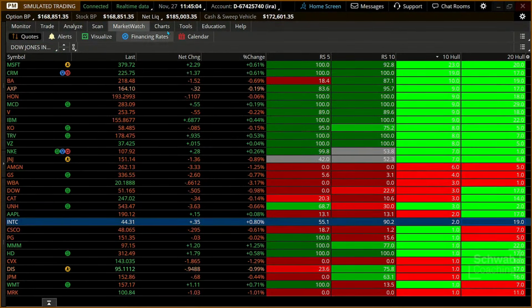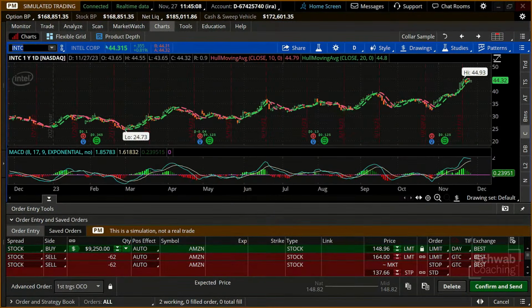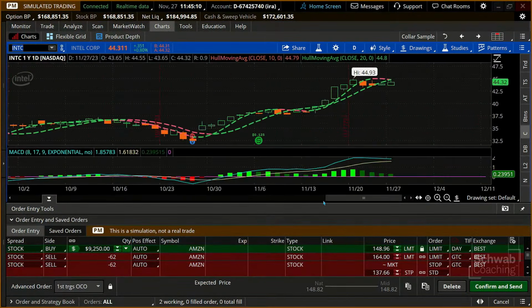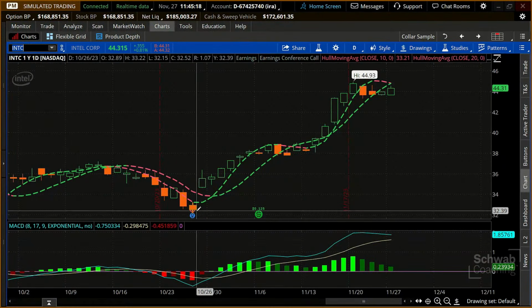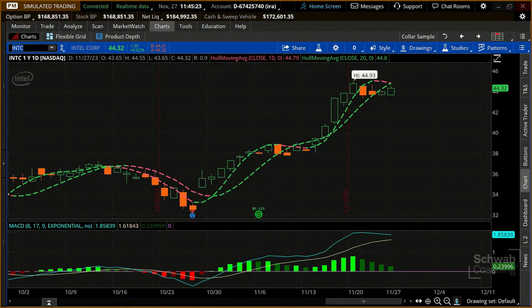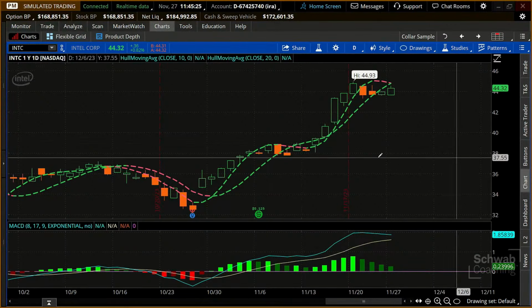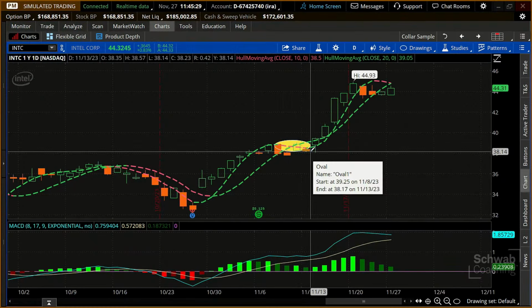So if I pulled up Intel and said, what do we have here, Mr. Intel? We pull up Intel, and what does it look like? Maybe what some investors are looking for as an indicator for a potential bull flag. What do we mean by that? Remember when we started with our second agenda item, we talked about stocks that ran up in the short term, maybe just days, and the shorter-term moving average was red.